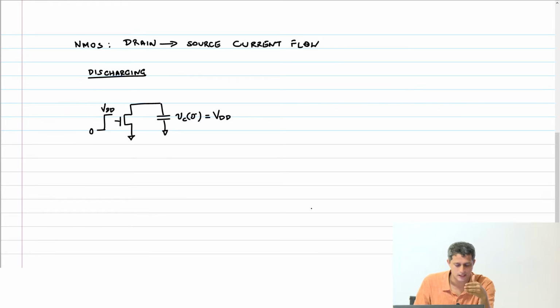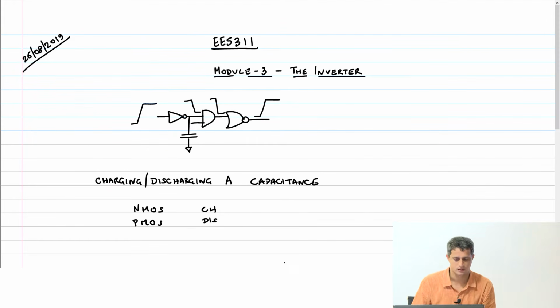So if I turn on this transistor, then obviously this capacitor is now going to discharge. Now here, when we looked at this, we were treating these as logic signals. So this is actually 0, VDD, VDD, 0.